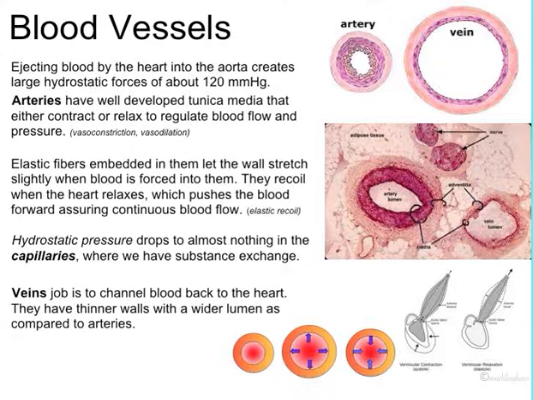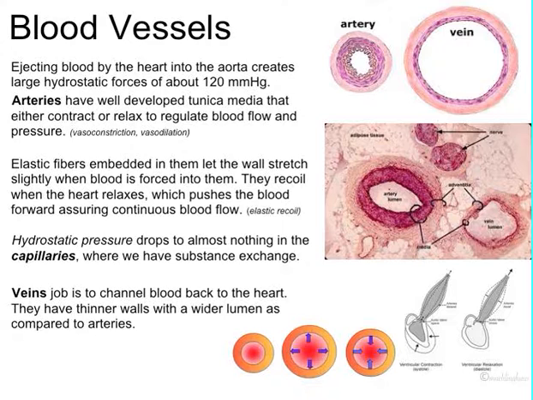Elastic fibers embedded in the tunica media let the wall stretch slightly when the blood is forced into those vessels. They recoil, so they vasoconstrict slightly again, or they come back to neutral when the heart is relaxed. And what that does, it pushes the blood forward through the vessels.